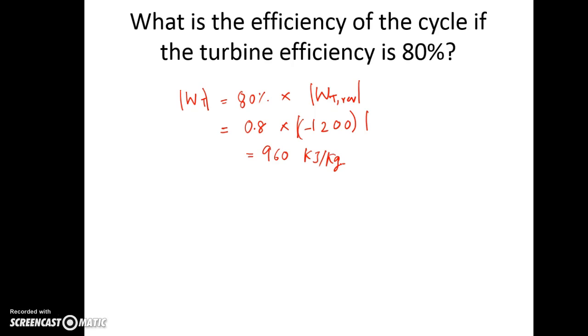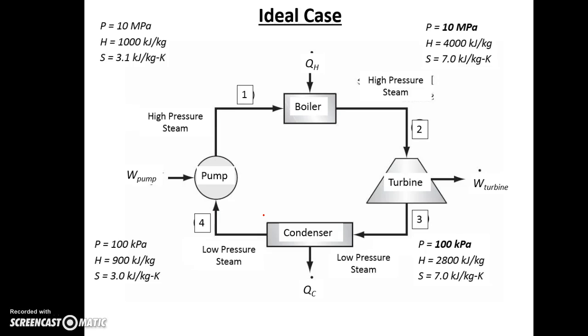So what is the overall efficiency of the process? So again, the efficiency is the same. Efficiency is simply work done by the turbine minus work done by the pump over heat supplied, which is QH. So here, work turbine, we already determined from the previous slide, is 960 kilojoules per kilogram.